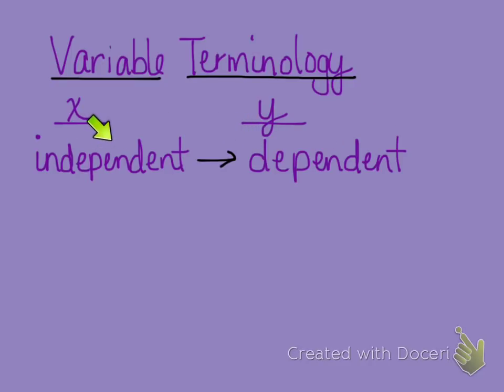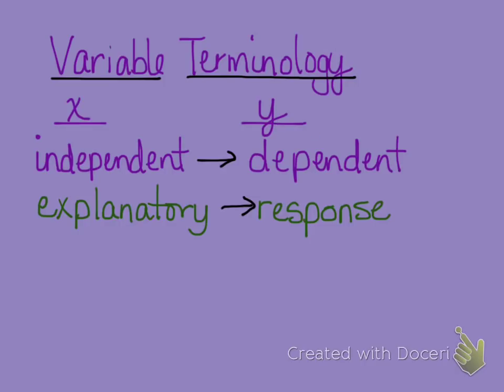So the independent thing is the thing I choose. That's what makes it independent. I choose different values for it. And then I get something that I measure, which is the dependent variable. In statistics, there are other words for the same kind of idea. There's the explanatory variable and the response variable.